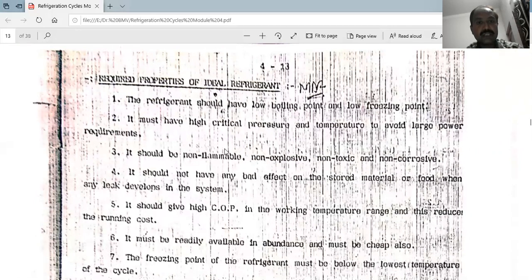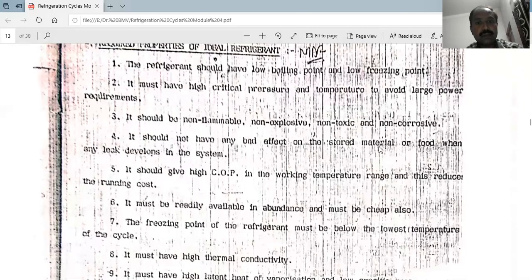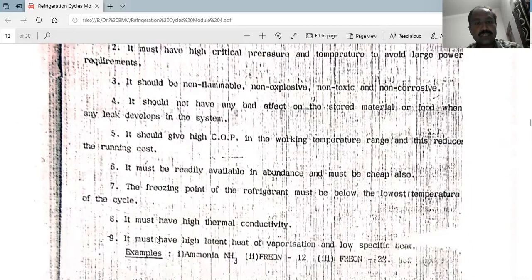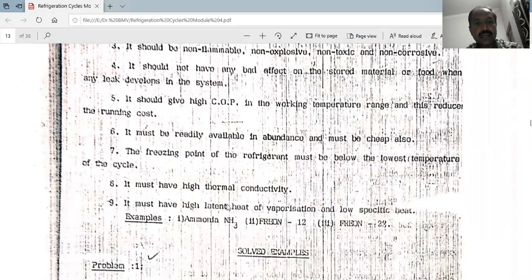It should not have any bad effect on stored material or food in case of leakage in the system. It should give a high COP of the system, must have high thermal conductivity, and must have a high latent heat of vaporization and low specific heat.